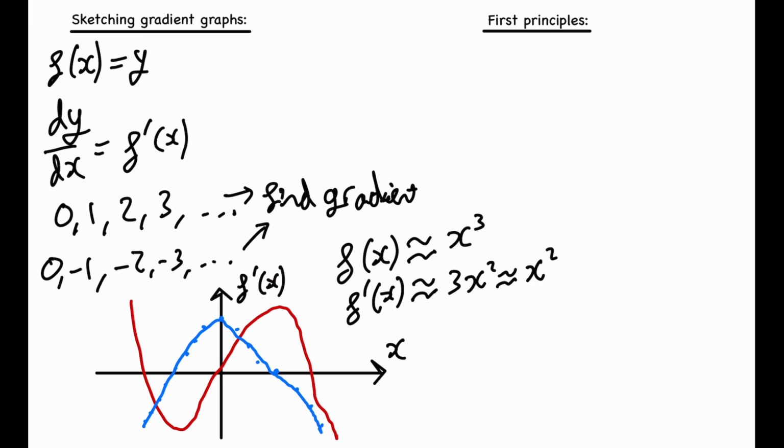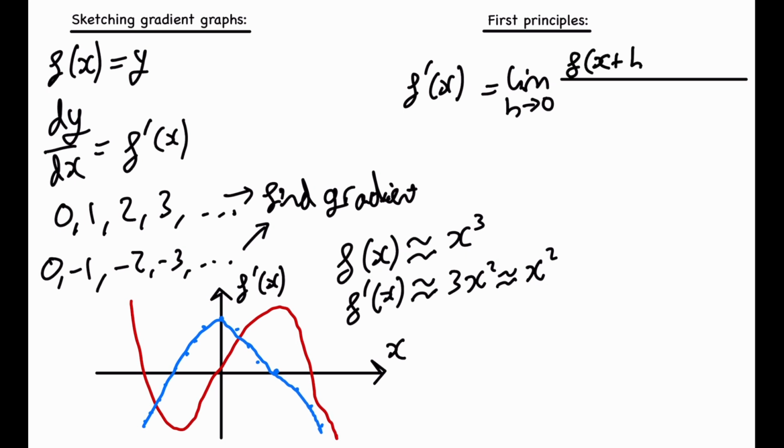Now let's go on to first principles. So here you just have to know a formula, which is f dash x is equal to the limit as h tends to 0. We're going to explain what this means in a second. And then you have a fraction of f of x plus h minus f of x all over h.